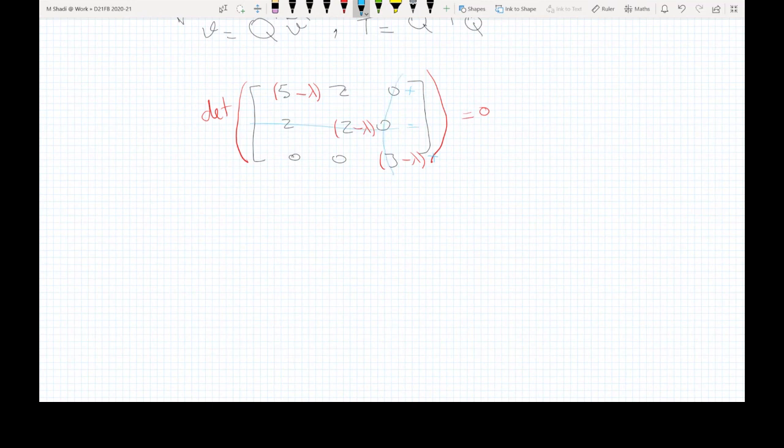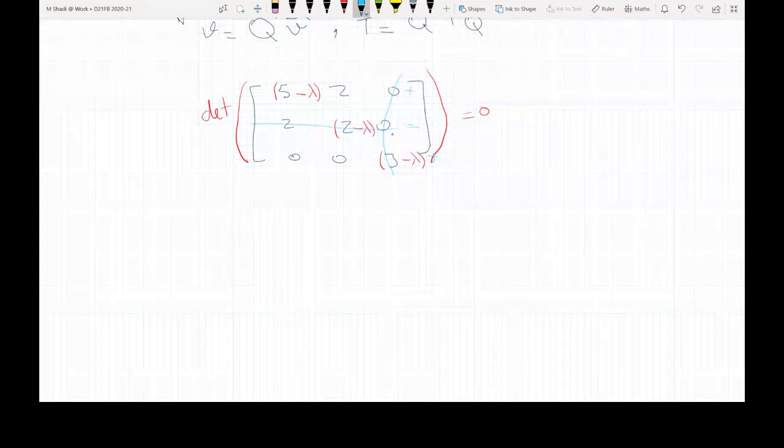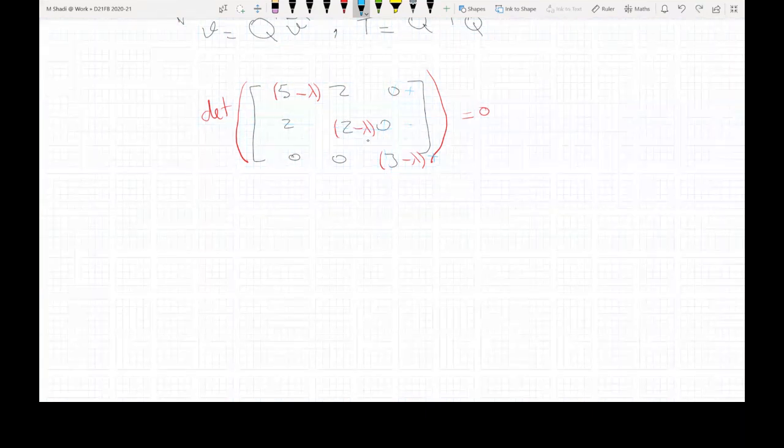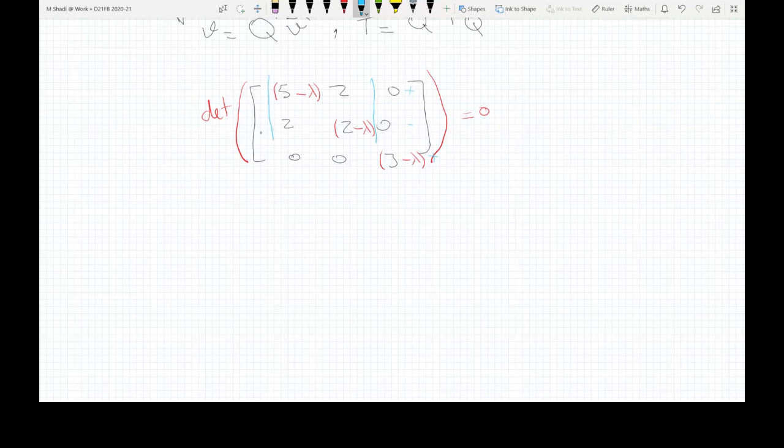So you have 5 minus lambda, 2, 0, 0. Now this is 0 multiplied with the determinant of something, and 0 is going to cancel out everything, so I'm not going to write that. You are left with plus (3 minus lambda) multiplied with the determinant of 5 minus lambda, 2, 2, and 2 minus lambda.